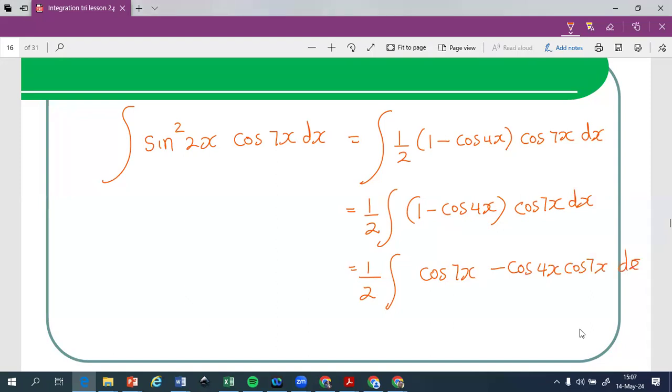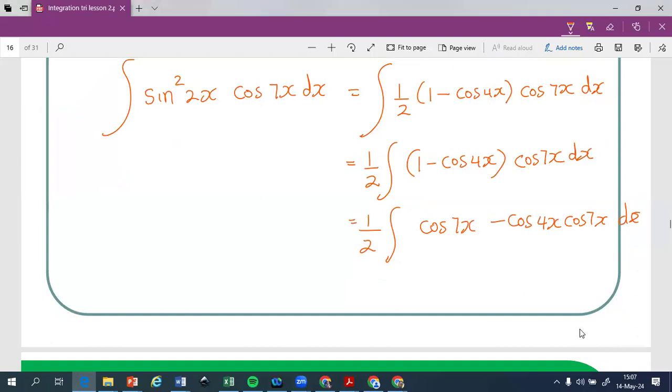It is very easy for you to integrate the first one, but the second one will require us to use the factor formula. So now I want you to separate your integrals. Have integral of cos of 7x minus a half integral of cos of 4x cos of 7x dx.